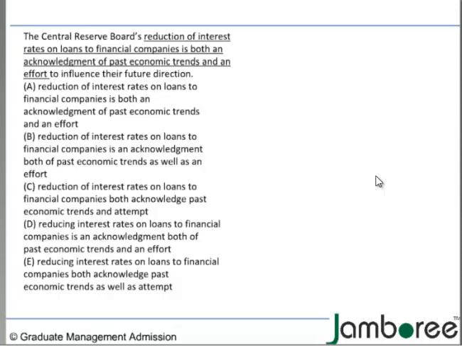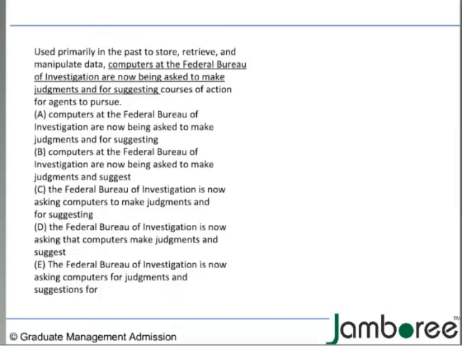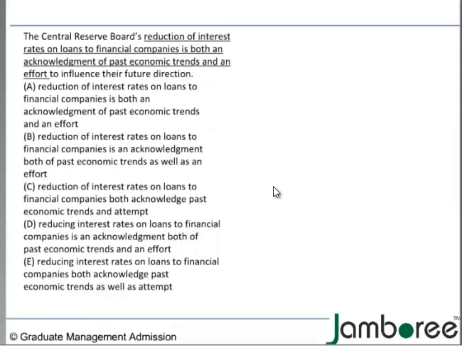Again, don't read unnecessary words. If you're coming down to A and C, then at least you're getting the basics correct.